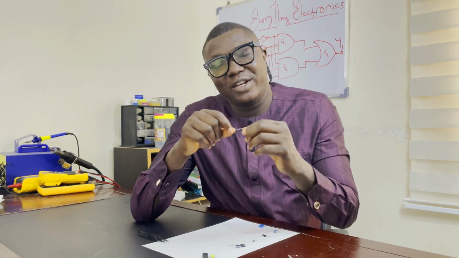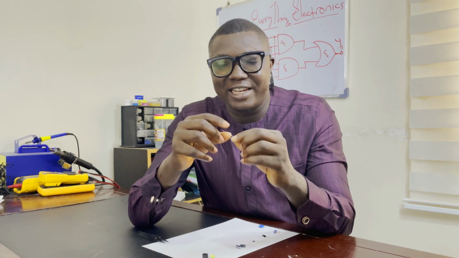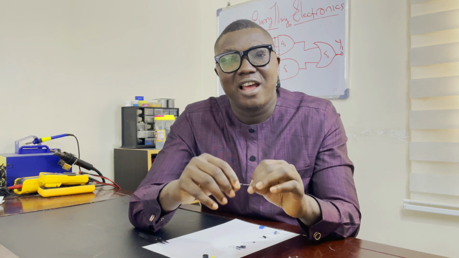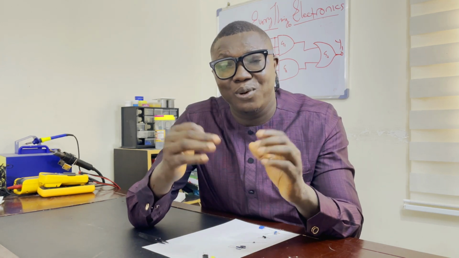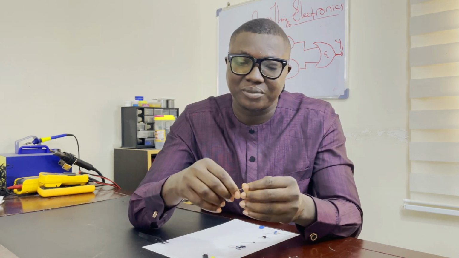So the next component on our agenda is the diode. Basically, a diode plays a significant role in electronics. It allows signal to flow in one direction, and that behavior has been exploited in converting AC to DC in your rectification unit.